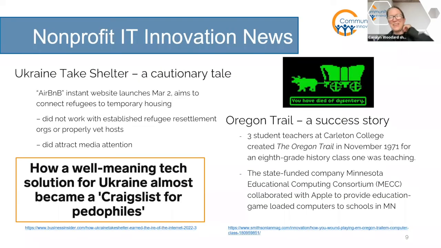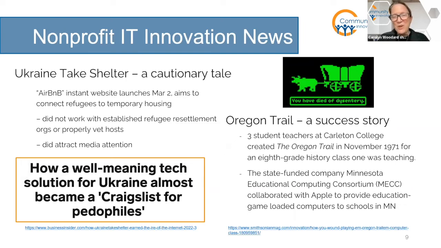For the nonprofit IT innovations being in the news, I'm not going to spend a ton of time on these because you probably have your own anecdotes that you have thought of or are familiar with. But one that happened recently is this Ukraine Take Shelter, which is a kind of cautionary tale around innovations.